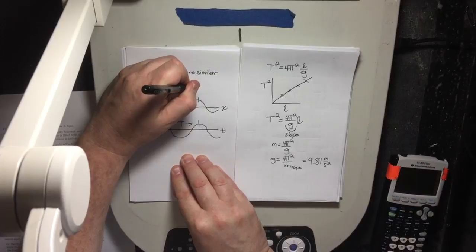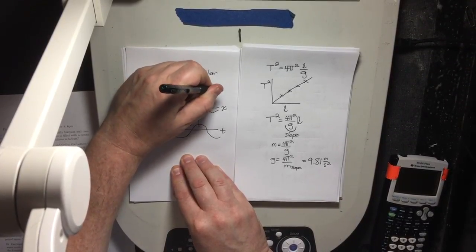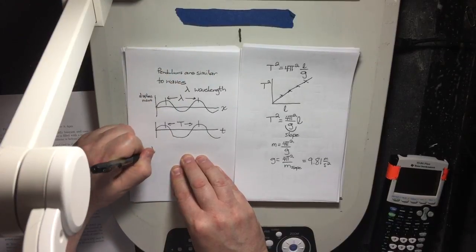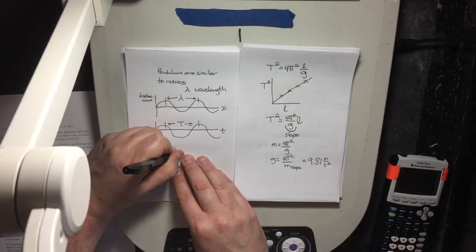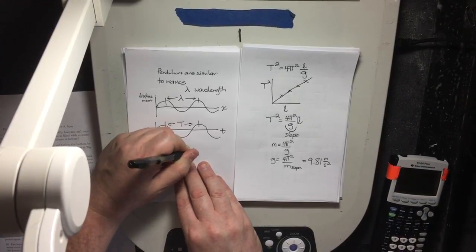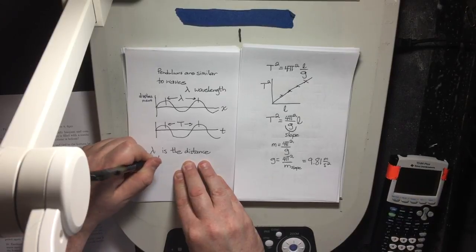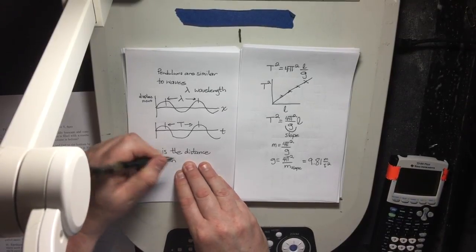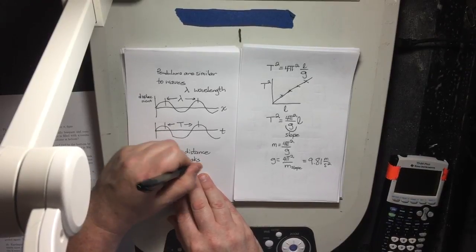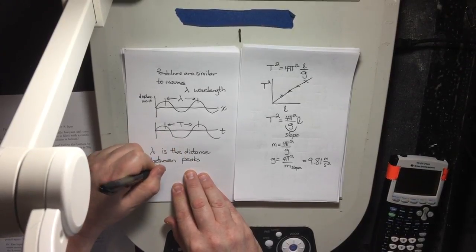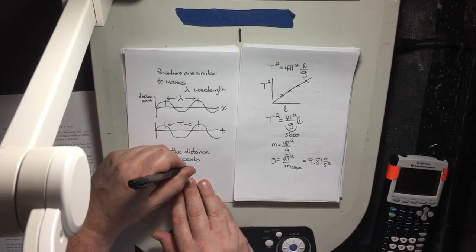Lambda, wavelength. Lambda is the distance between peaks or between troughs.